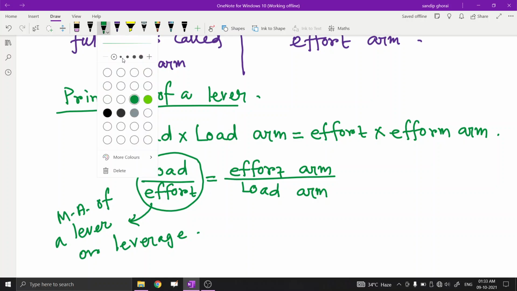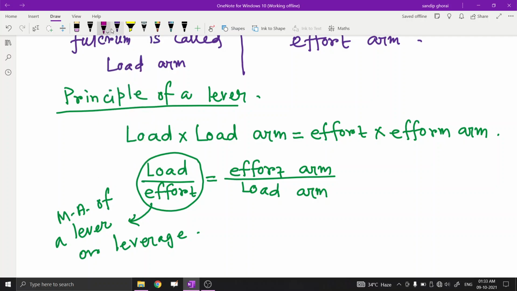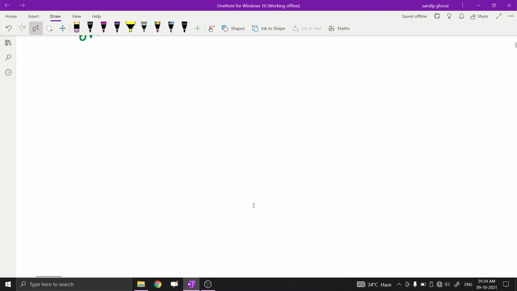We take a problem based on the principle of lever. The length of a lever is 3 meter.